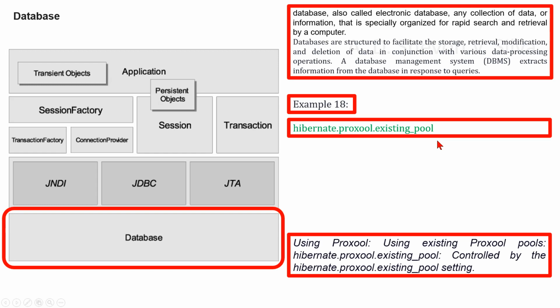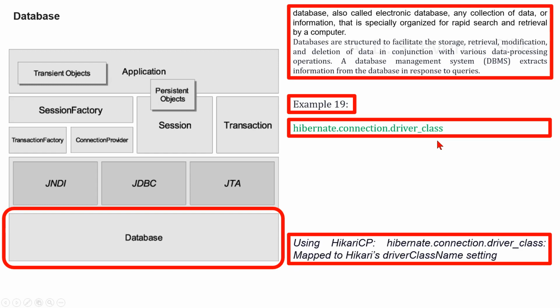If set to true, this connection provider will use the already existing Proxool pool by alias as indicated by the hibernate.proxool.pool_alias setting.